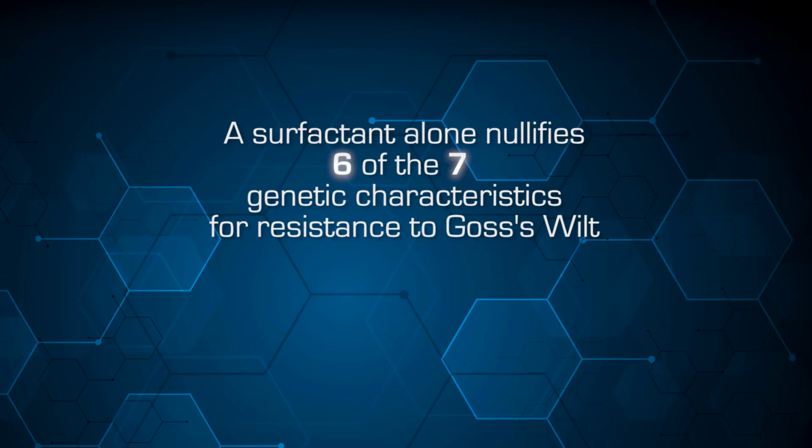You're overcoming that physical defense, so that just the surfactant alone that's used with the herbicides, which 95% of our genetically engineered plants will receive, or the fungicides that are applied to control the other diseases that are induced, the leaf blights and leaf spots, that the surfactant alone will eliminate or nullify 6 of the 7 genetic sources of resistance to Goss's wilt.